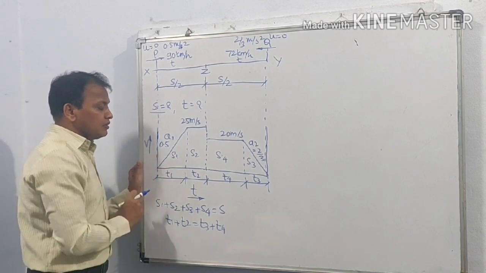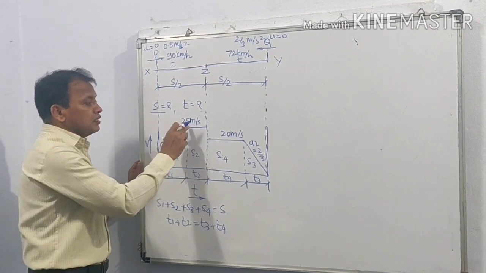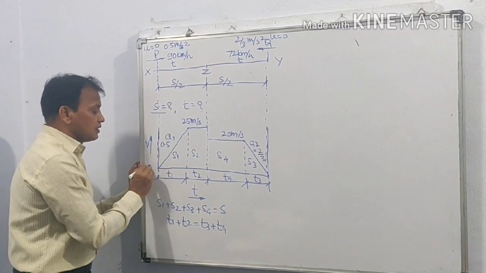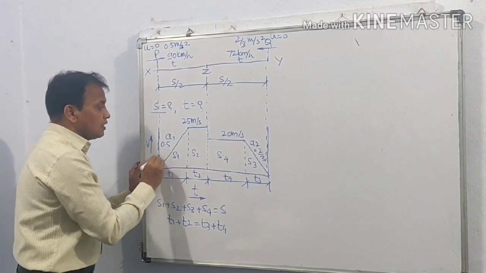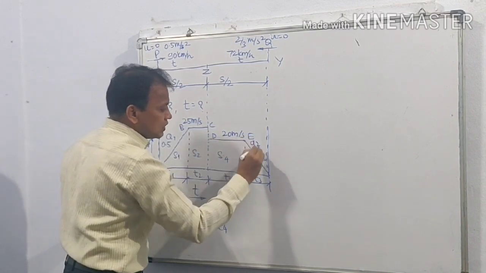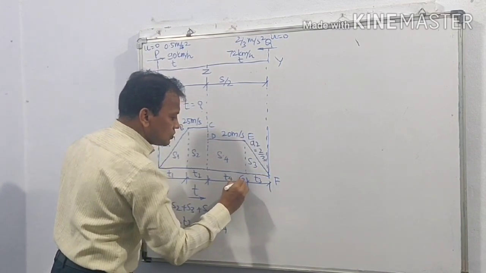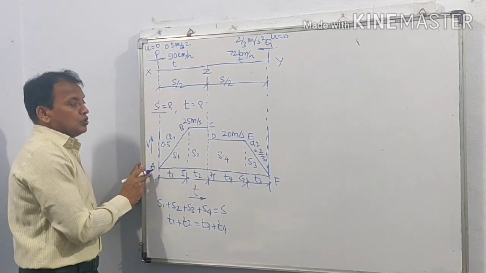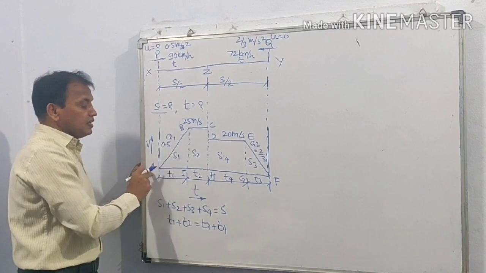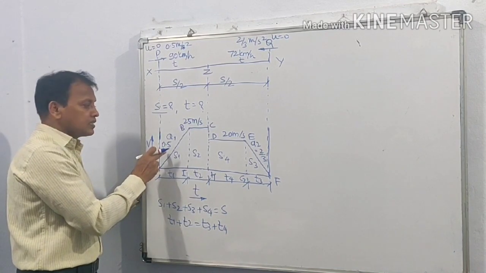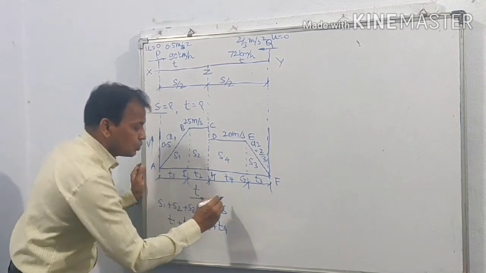Now to find S1, let us label the points A, B, C, D, E, F, G, H, I. The slope of line AB is the acceleration 0.5.